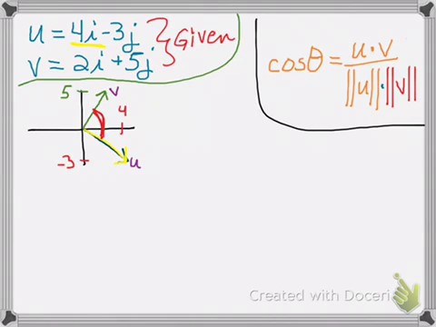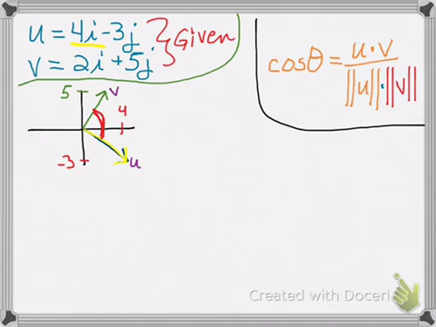Now in the upper right-hand corner, I have the formula to find the angle between any two vectors. I'm assuming you have done the dot product and finding the magnitude of vectors in the previous assignments. If you don't know what a dot product is, or you don't know how to find the magnitude, you're going to have to go back and learn that first.